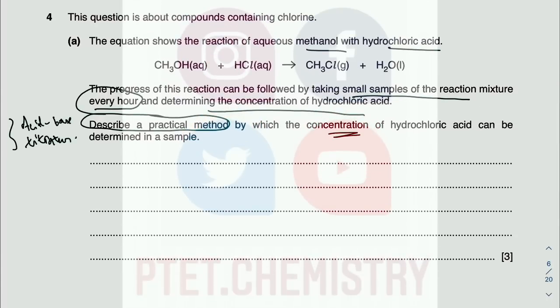What can I do here? I think it's best if I don't outline this for you, but you can go away and think about your titration procedure. So it said describe, so it's not just stating, and it said practical method.